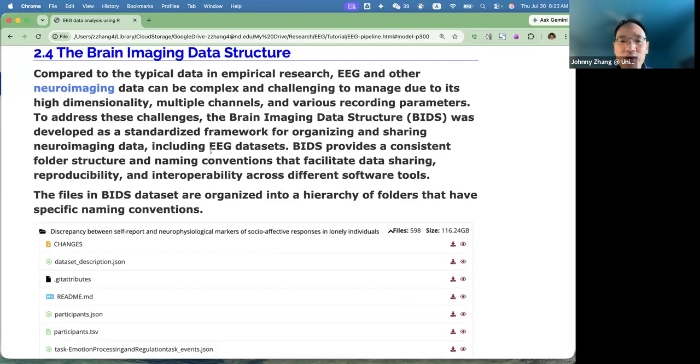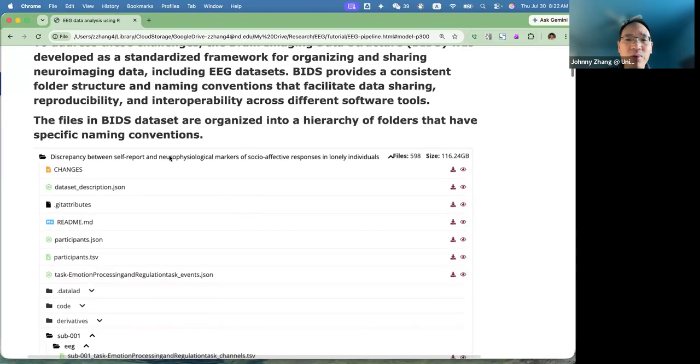The BIDS structure is very widely used in neuroimaging research. It's a standardized framework for organizing neuroimaging data. So this is a true example, and I'm also going to use this data set for illustration in this workshop.